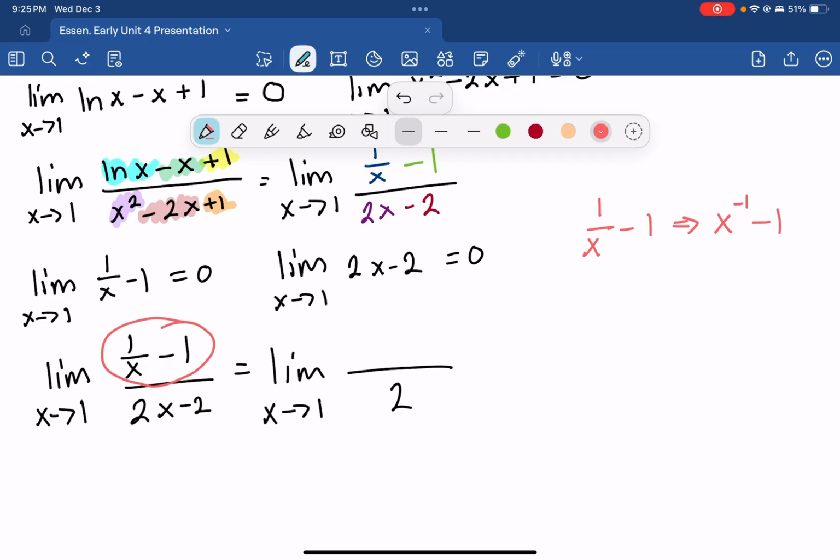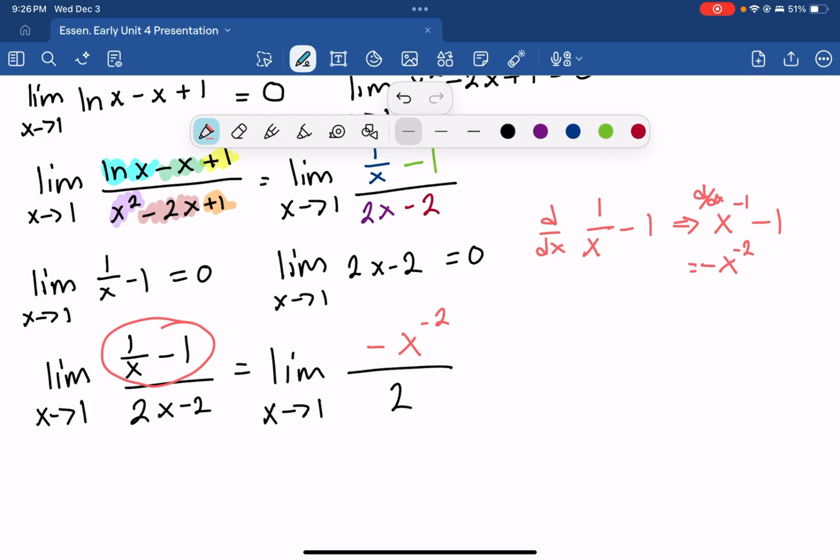That's going to help us take our derivative a little bit better. So when I take the derivative, x to the negative 1 gives negative x to the negative 2, and the derivative of negative 1 is 0. So this is going to be negative x to the negative 2.